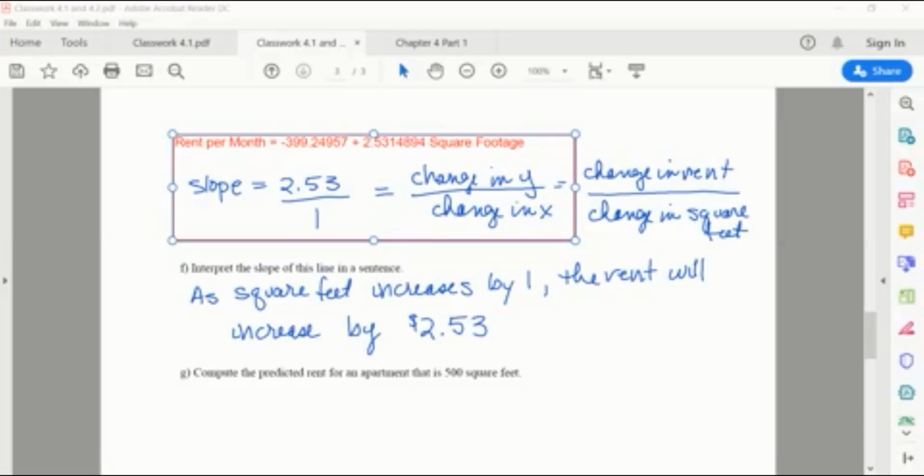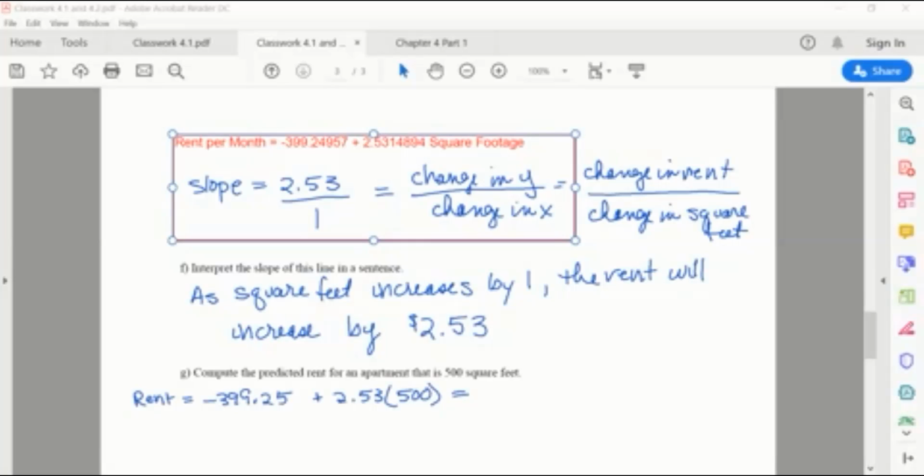Okay. Then the last question says, compute the predicted rent for an apartment that's 500 square feet. So we use the line equation. The rent is equal to negative $399.25 plus 2.53 times 500 square feet.